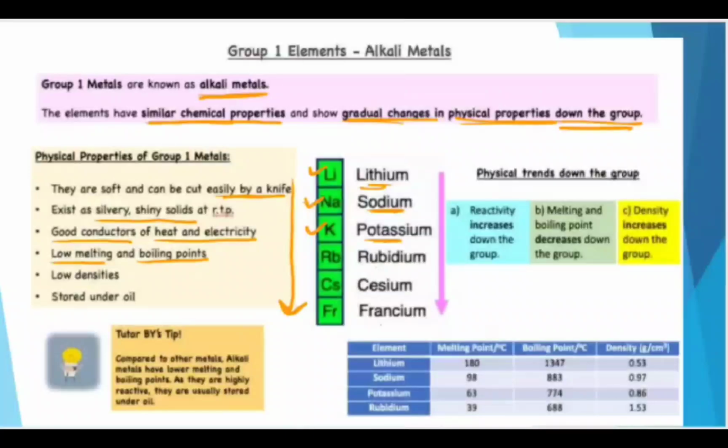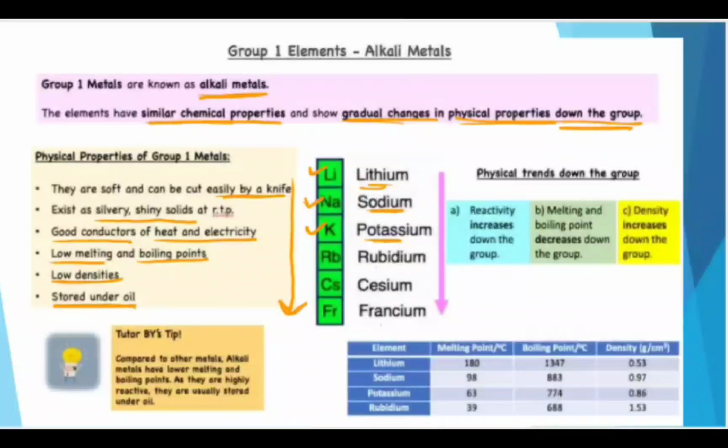But as compared to alkali earth metals or group 2 metals, they have a lower melting and boiling point. They have a lower density also as compared to group 2 elements, and they need to be stored under oil because they are highly reactive. What makes them highly reactive?